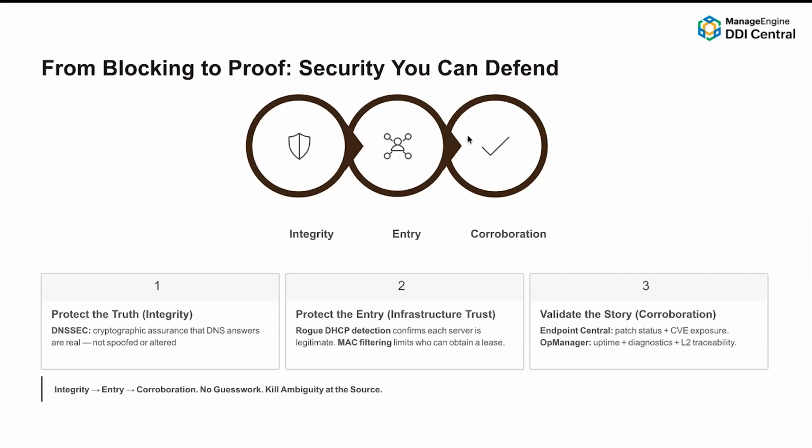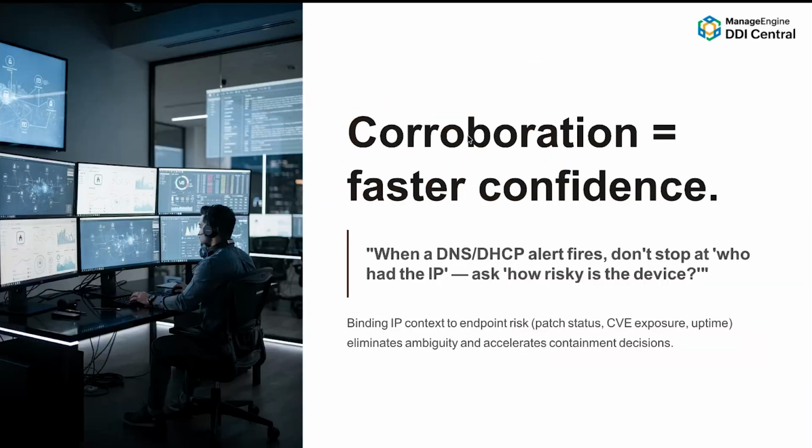So this is how in DDI Central, integrity, entry, and corroboration work hand in hand. We kill ambiguity at the source with no guesswork. When a DNS or DHCP alert fires, you don't stop at who had the IP then. We ask how risky the device is with Endpoint Central integration.